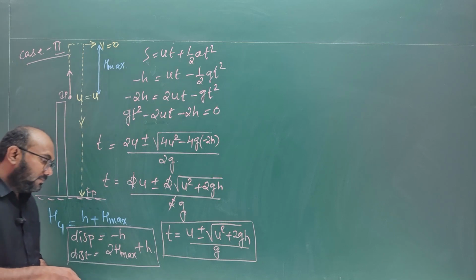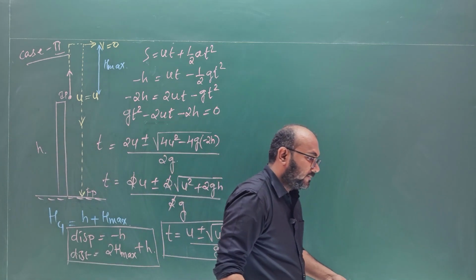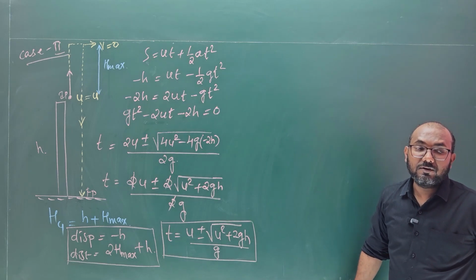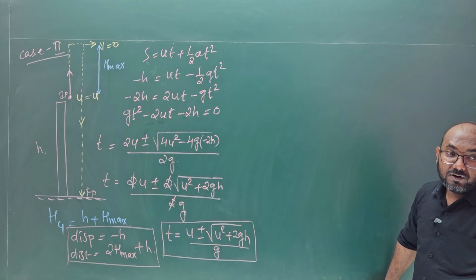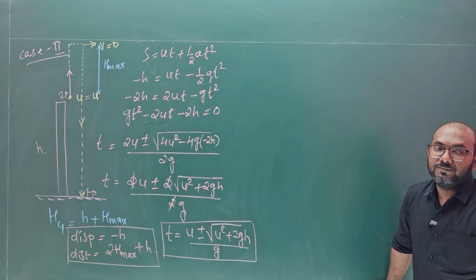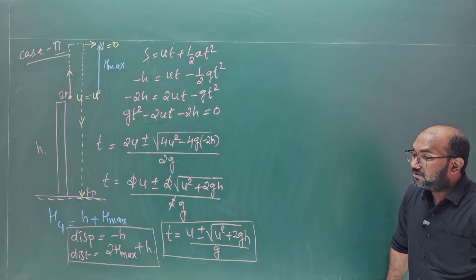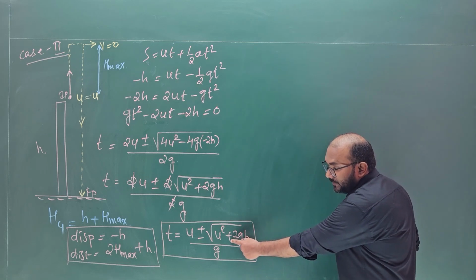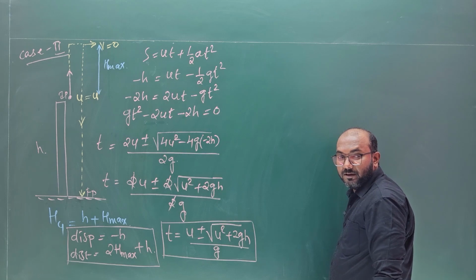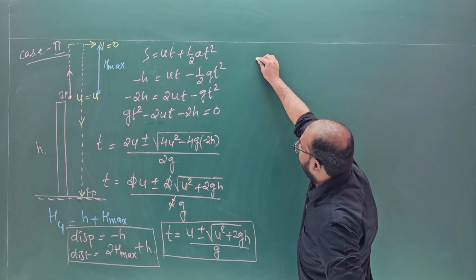When the object was thrown from ground to ground in yesterday's class, we took the height as positive, and because of that positive height we got a negative sign here. Yes or no? Now listen to me, one thing.